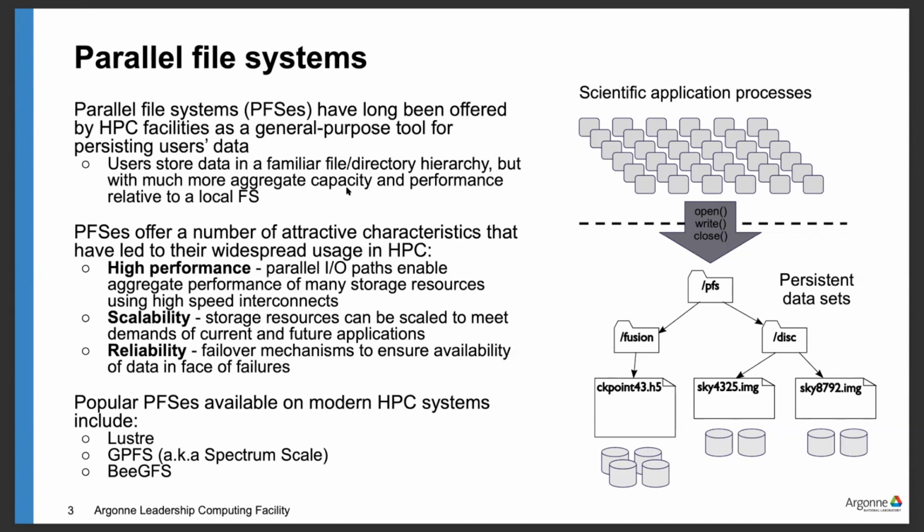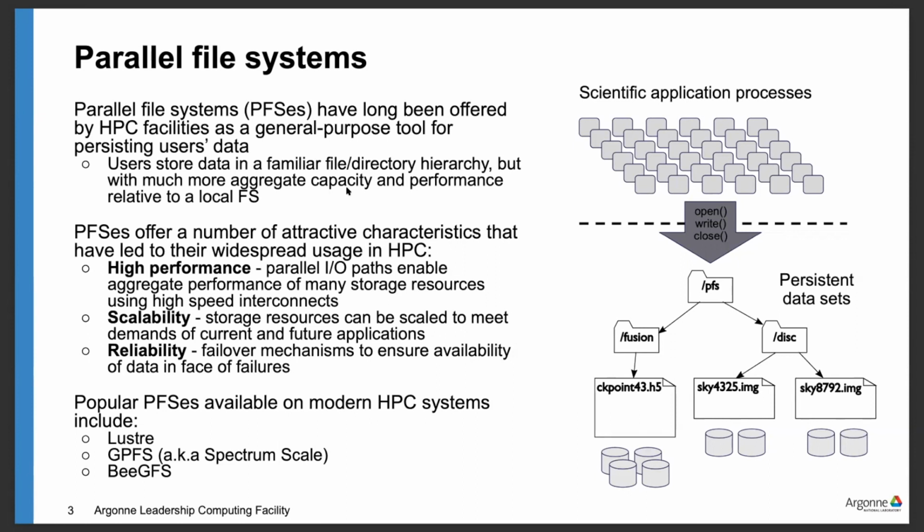And the point with the parallel file system is that the files themselves can be distributed across lots of storage resources. You can see that visually at the bottom, how the HDF5 file is, for instance, distributed over 4 storage devices, and the images are over 2. That's one of the big wins for the parallel file system: presenting this aggregate amount of capacity and performance to users.